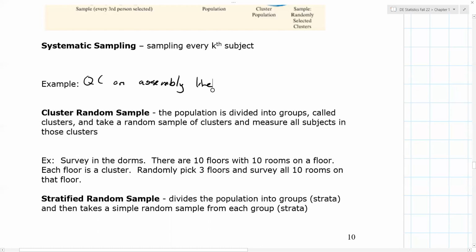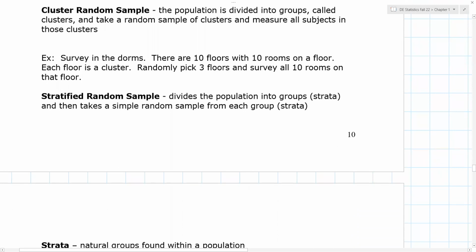I may randomly select 5 classrooms for my sample, which means all of the students that are in those 5 classrooms, that's what makes up my sample. So let's say there's an average of 30 students in a room at a time. If I grab 5 classrooms, that means I've grabbed 150 students to put into my sample. And that's the idea of cluster sampling.